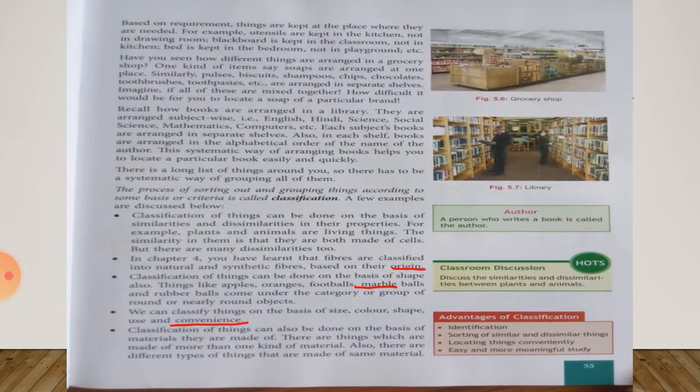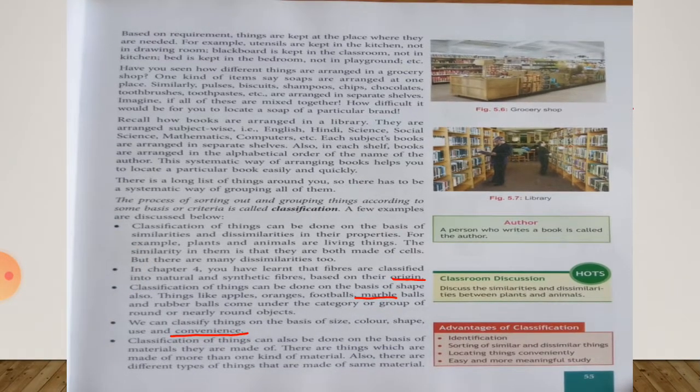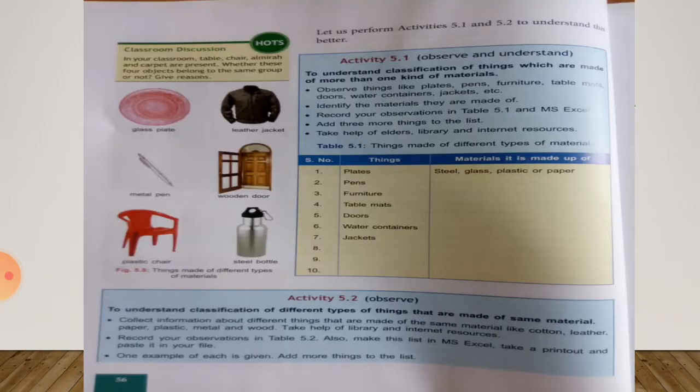Now you have to turn the page. Let us perform activity 5.1 and 5.2 to understand this better. So you have to perform activity 5.1 to understand classification of things which are made of more than one kind of material. This is your aim. Now you have to observe things like plates, pens, furniture, table mats, doors, water containers, jacket, etc. You have to identify the materials they are made of.